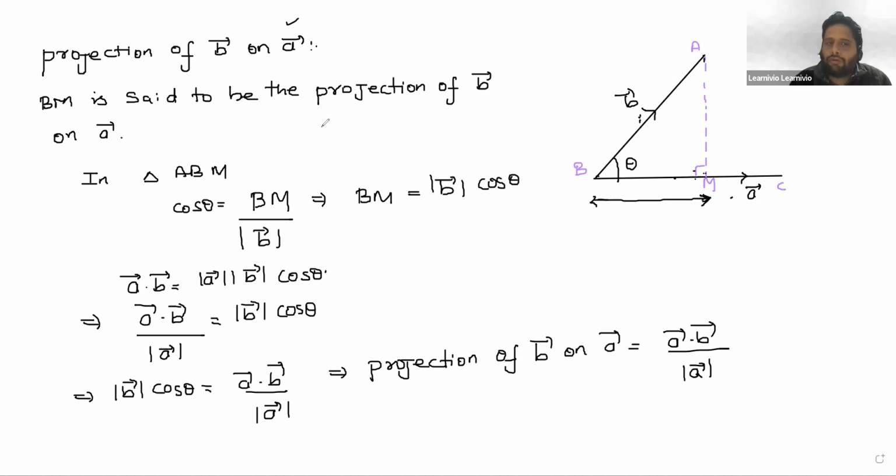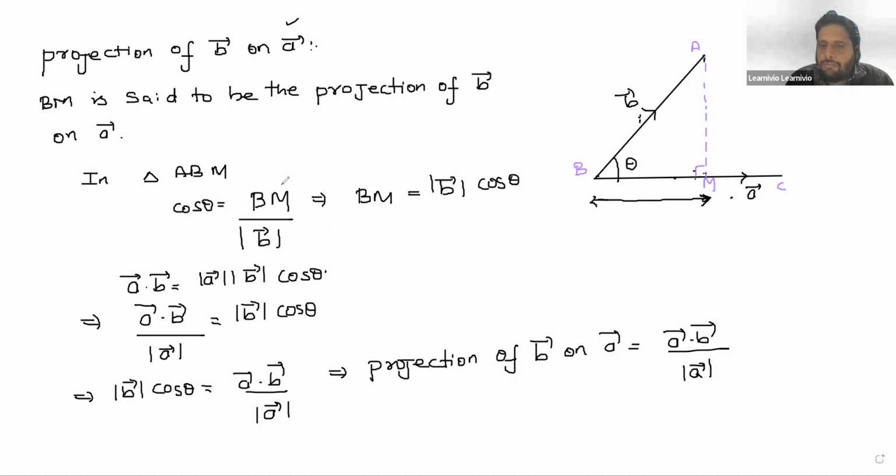How do we calculate it? In triangle ABM, cos theta is equal to base by hypotenuse.